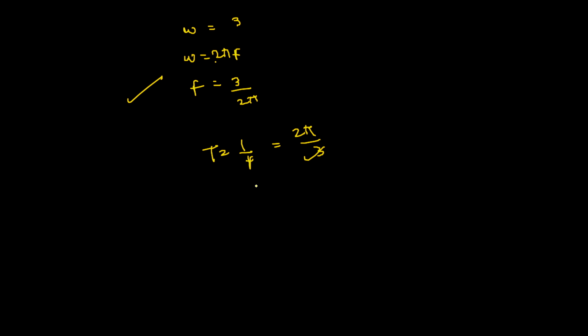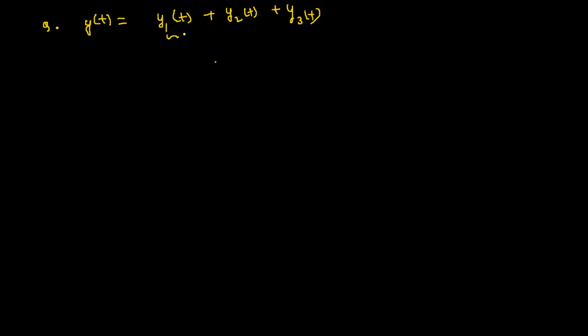So that is about time period of trigonometric functions. The other thing that you need to check time period for is, let's say you're given a function which is a sum of various other functions, phi 1 of t plus phi 2 of t and phi 3 of t.